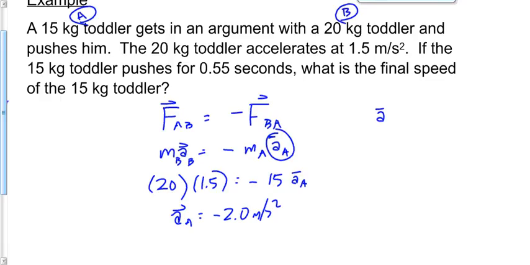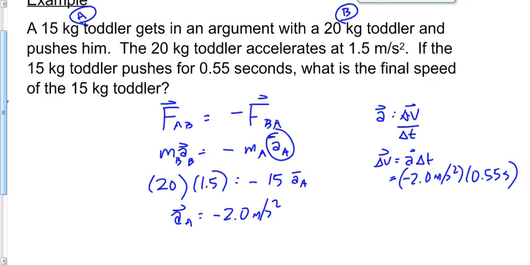Let's use one of my group B equations: a is equal to delta v over delta t. Rearrange it: delta v is equal to a times delta t. Negative 2.0 meters per second squared times a time of 0.55 seconds gives me negative 1.1 meters per second.